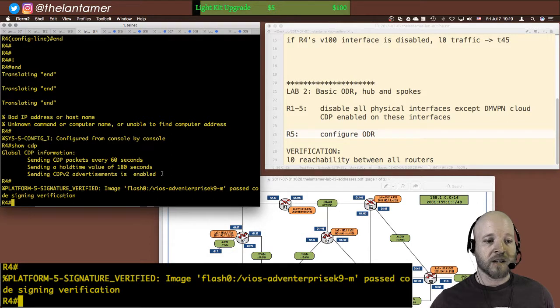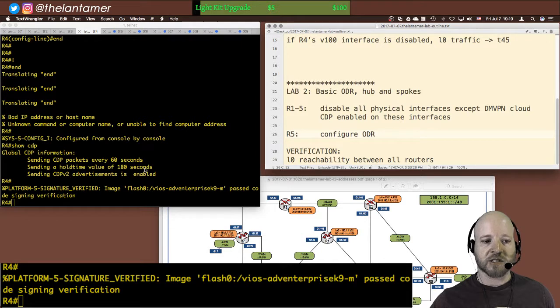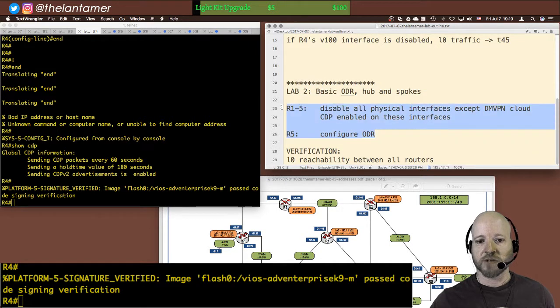Link goes down, comes back up, the ODR is not going to re-advertise. It's going to cache that for an even longer period of time. And this is all just changing the CDP layer 2. That's another thing: this is leveraging a layer 2 protocol.